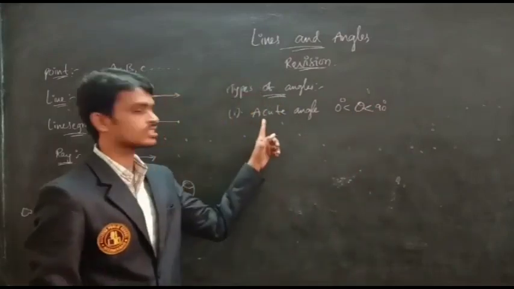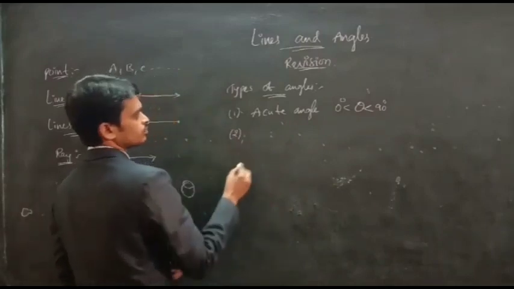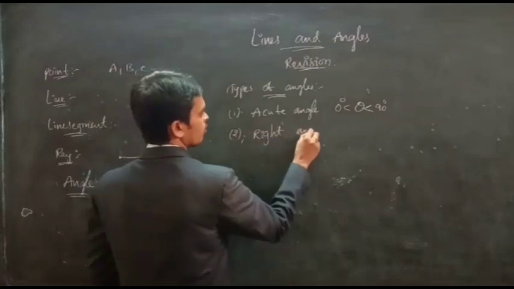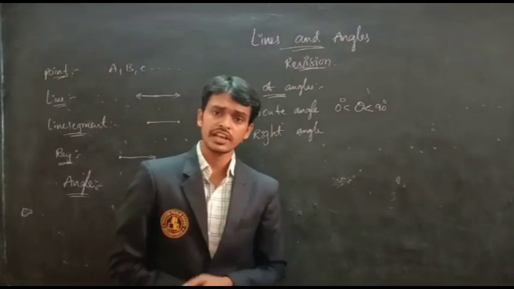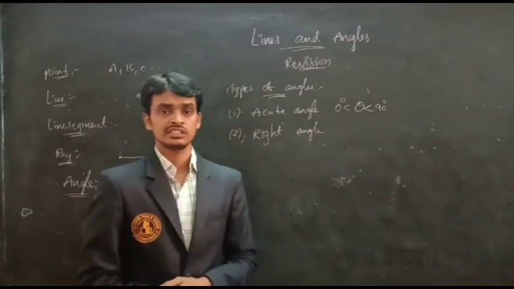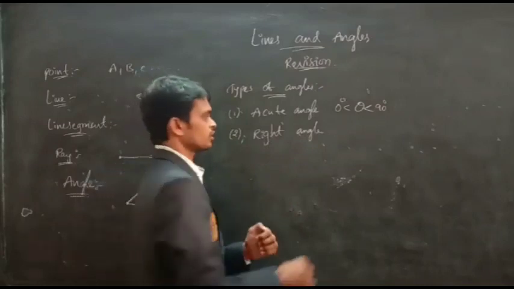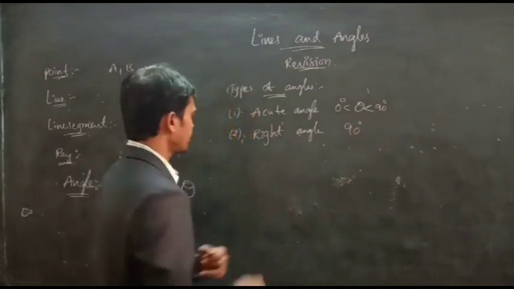Then the angle is called an acute angle. Second one, right angle. If the angle measures exactly 90 degrees, then the angle is said to be a right angle.